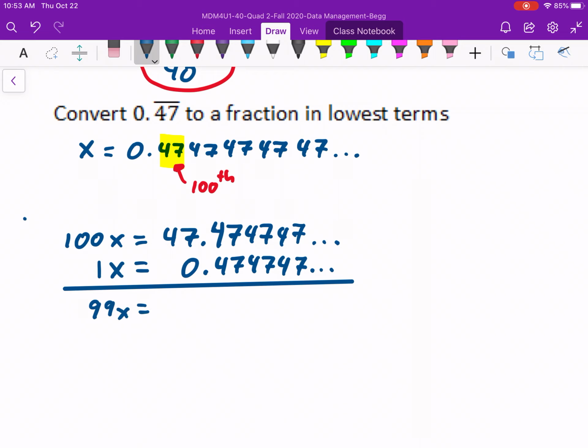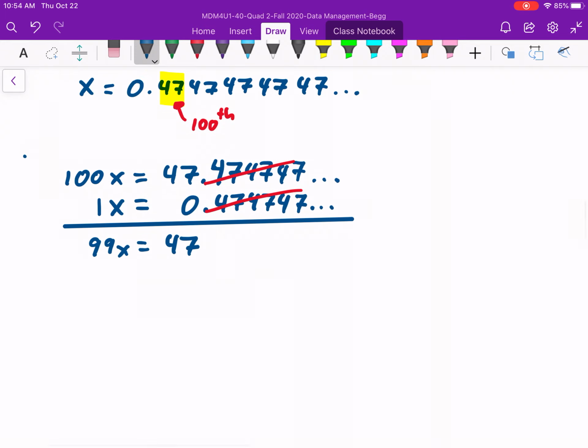And if I subtract on the right side, the decimal parts just cancel each other out, right? And then I just have 47 minus 0, which is just 47. And through this technique, I've gotten rid of the decimal part, and now I've got a simple equation that I can isolate x in. I can divide both sides by 99, and it turns out that 47 divided by 99 should be my answer.